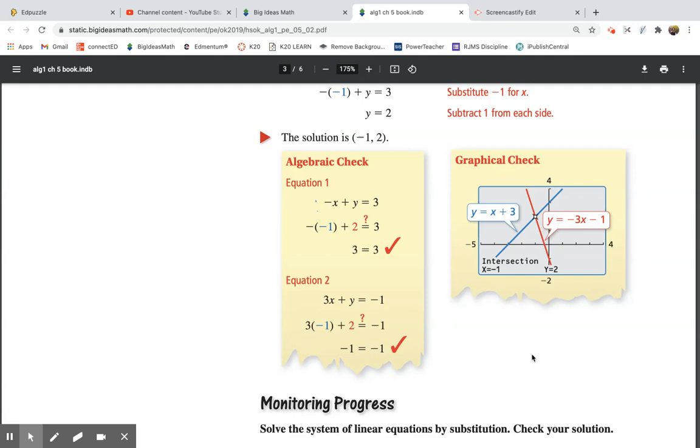Then you hit second trace at the top, and go down to intersect. Mine is number 5; yours might be 4 or 5. Then hit enter where it says first curve, enter through second curve, and enter where it says guess. It says intersection x equals -1, y equals 2, which is what we got, (-1, 2).